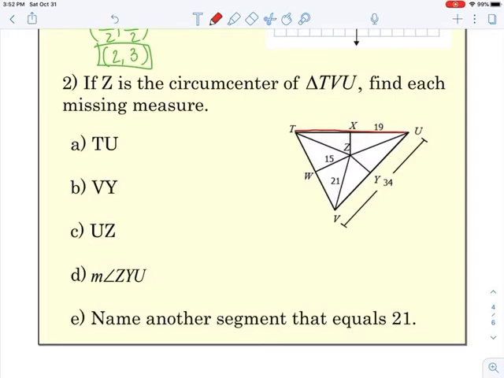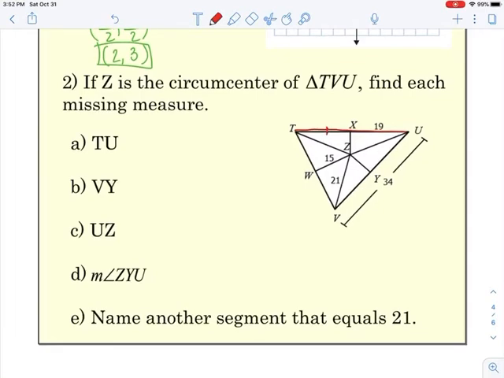And again, remember, these are the perpendicular bisectors. So that means that this piece is equal to this piece. So if this piece is 19, then TX is also going to be 19. So the entire length of TU would be 19 plus 19, or 38.